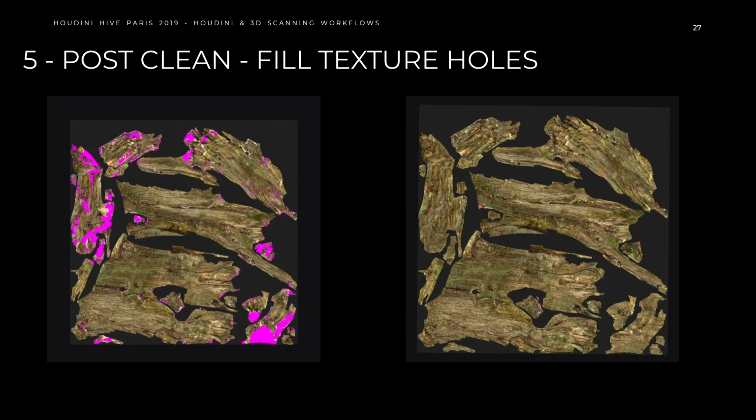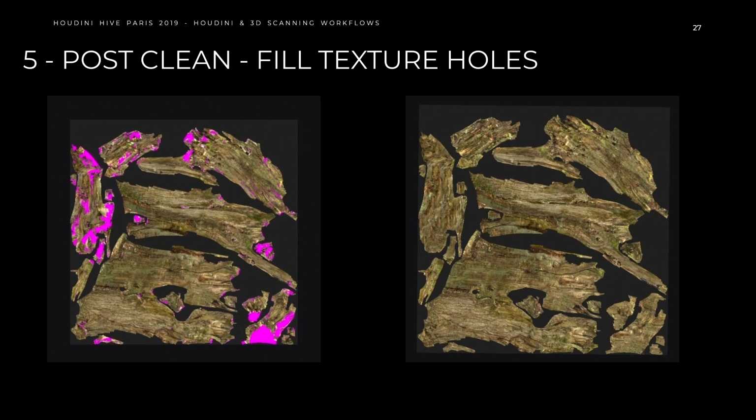Once you have an unlit texture, you still have some parts of the scan that, for some reason, don't have info because we missed some pictures. As I said, it's real-life conditions. In real life, you never have a perfect scan. So you need to reconstruct the missing zones in the scan. Actually, there is not really a magical solution for the moment.